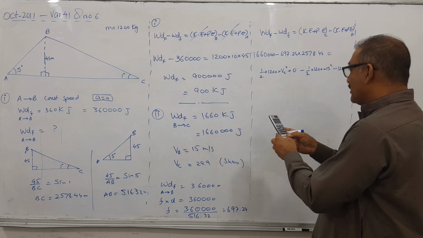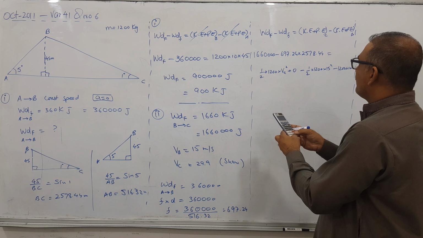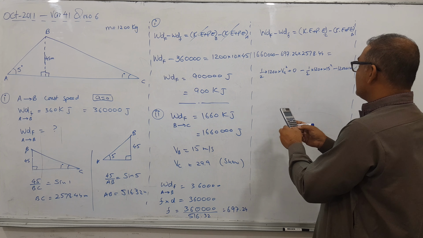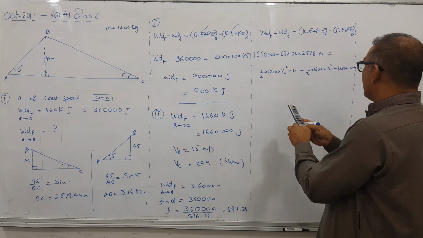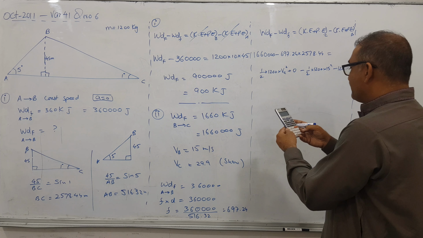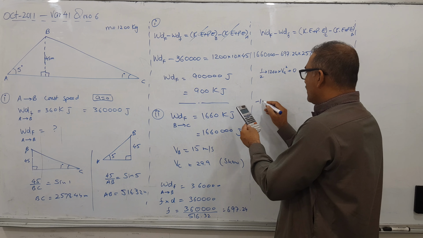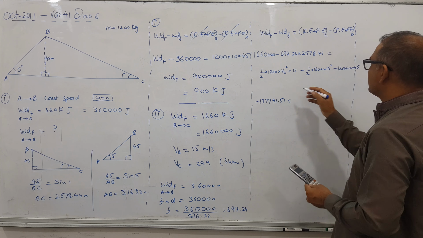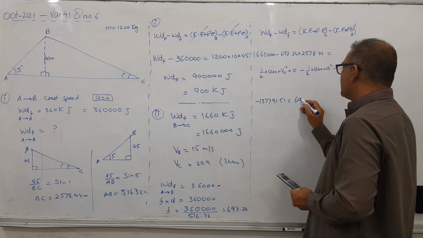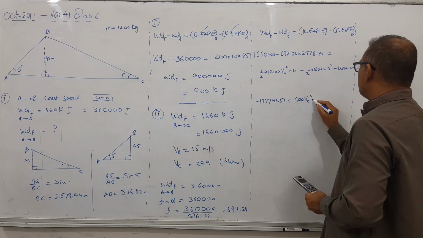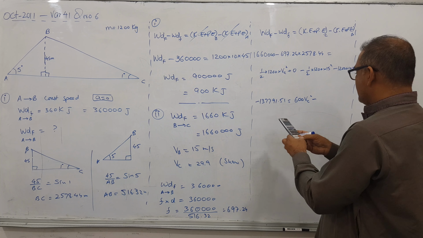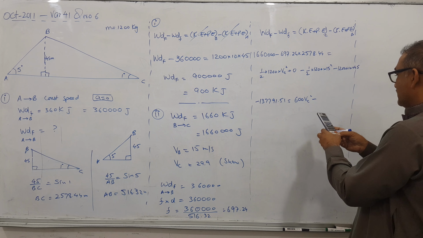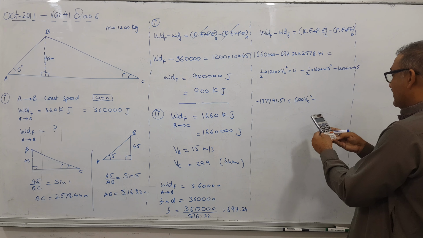Just 1, 6, 6, 1, 2, 3, 4 minus 697.24 times 2578.44. The left hand side is coming minus 13779.1, and the right side is coming 600 VC square, this is half into 1200 into 15 square, plus 1200 into 45.